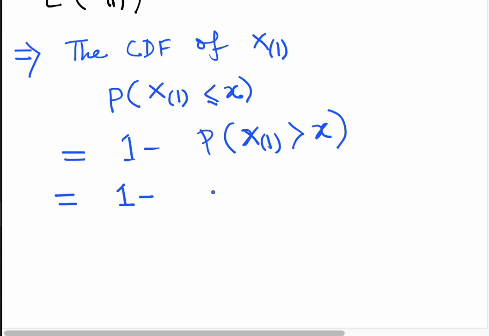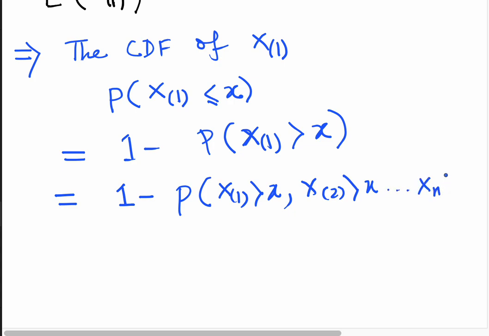So this is x1 greater than x, x2 greater than x, up to xn greater than x.